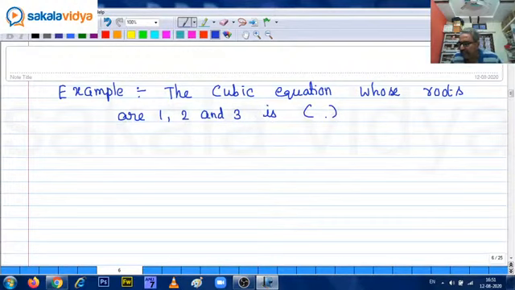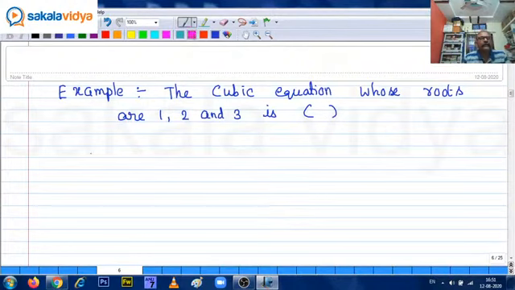So now we need to find out. The cubic equation whose roots are 1, 2, and 3, in x only you need to find out the cubic equation.